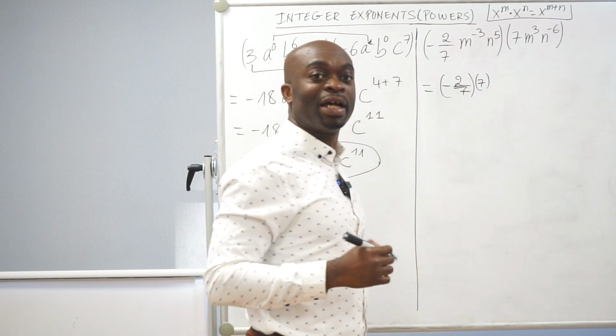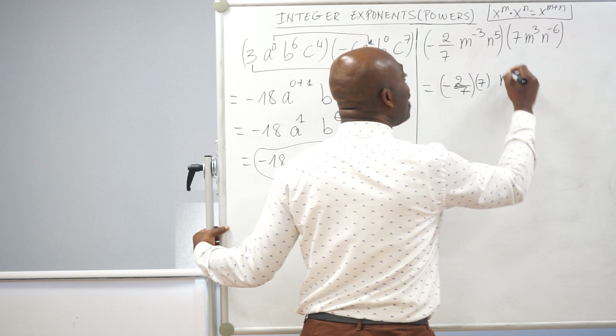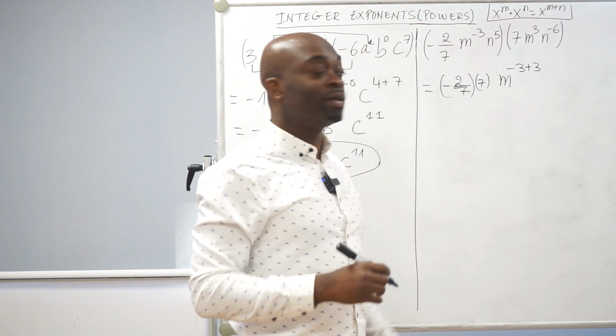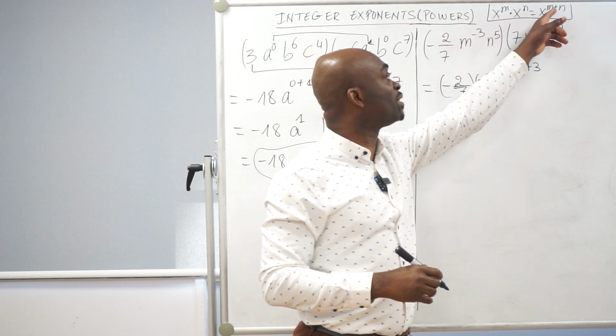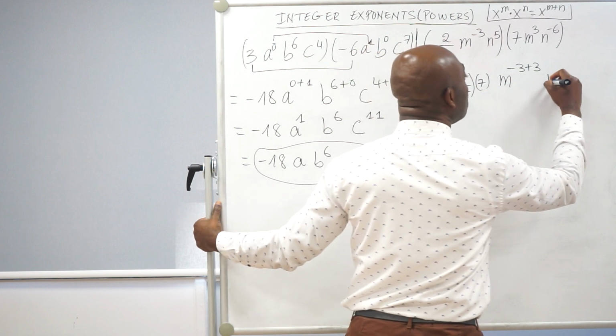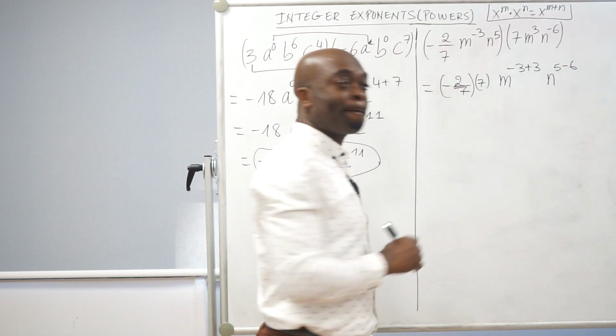And then you have n after that, which is negative 3 plus 3, because with the same base, powers negative 3 and positive 3, you add them up. And then for the n, you end up with n power 5 minus 6.